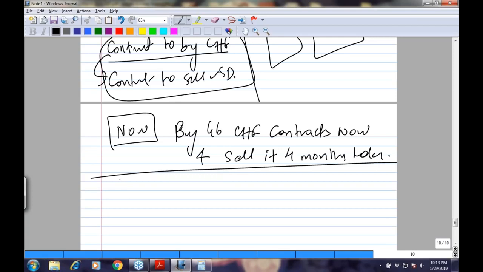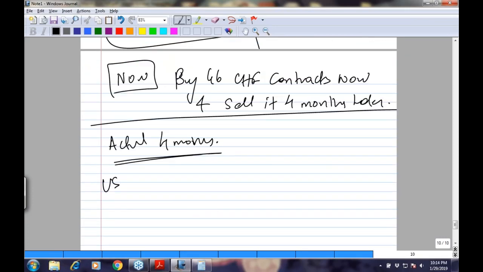Now, what actually happens 4 months later? Remember, you would have a USD 6.45 million receipt, and they would actually be sold at the spot market.